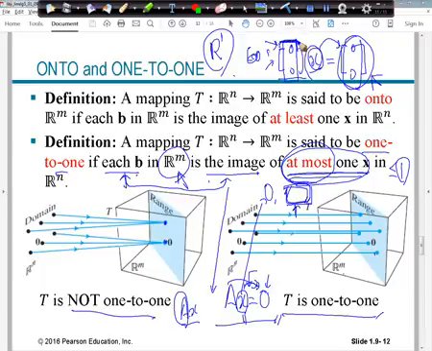And this all-zero column vector does not contain any pivots, so we can still call that a free variable. And so this is not one-to-one, okay? So in this specific case, it's not one-to-one.